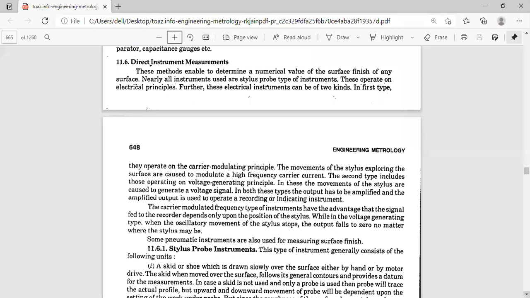In the ensuing topics also, we have studied or discussed this before, but again I'm repeating again and again, the features of the electrical integrating stylus are important as far as short answers are concerned. Or if we try to elaborate the components one by one: the stylus or the probe, the skid, the amplifier, the indicator, and the recorder.